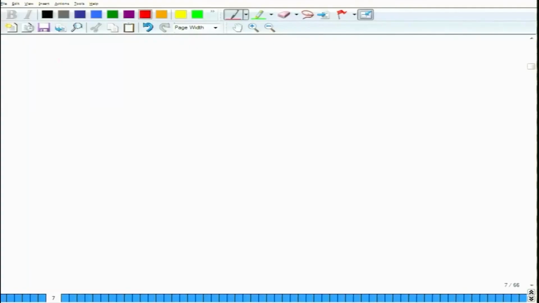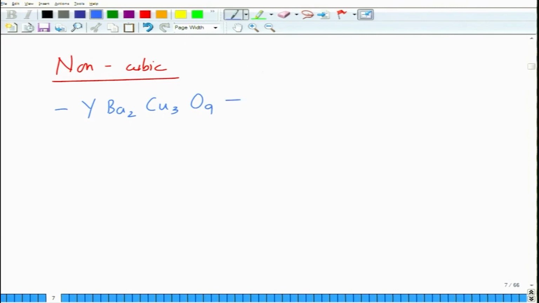Let me go back. Among the non-cubic structures, the first one was YBa2Cu3O7 minus delta, with copper in 2 plus and 3 plus states.